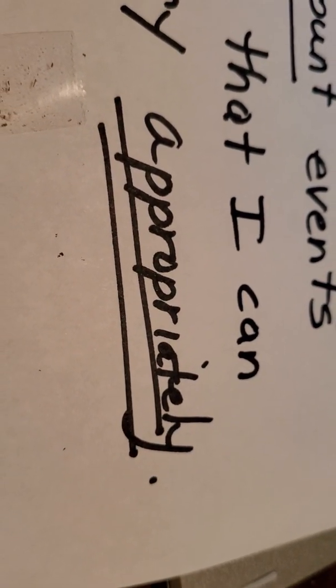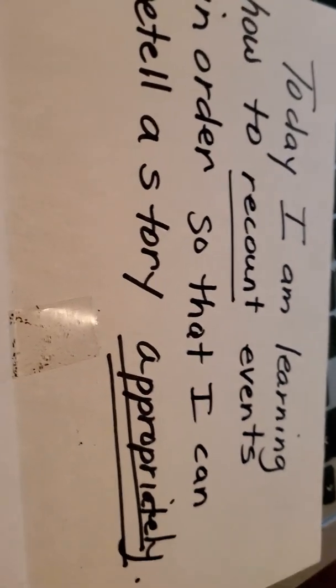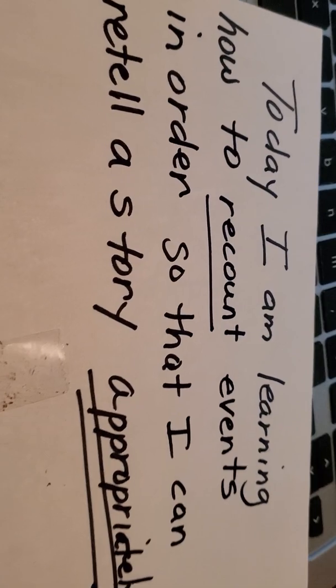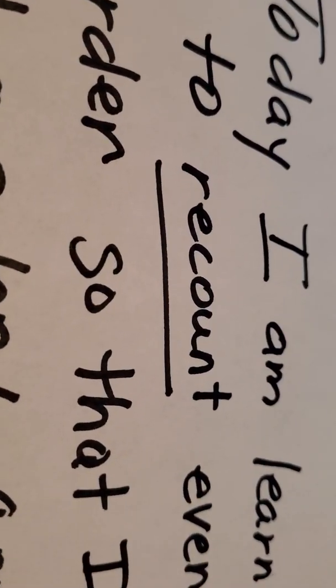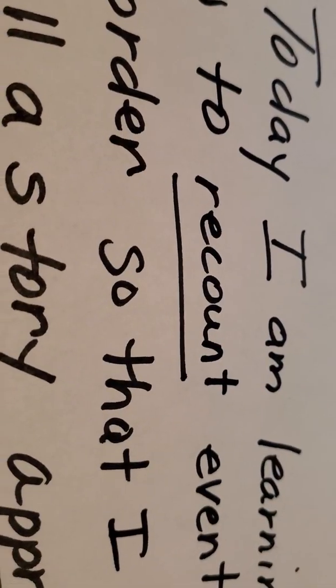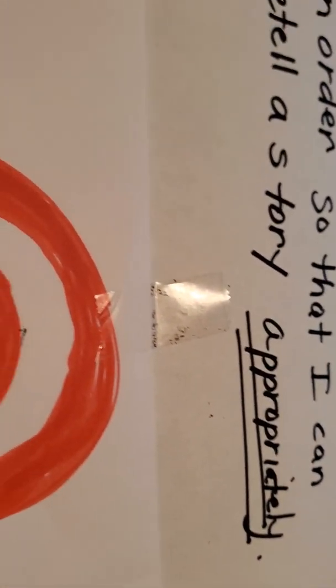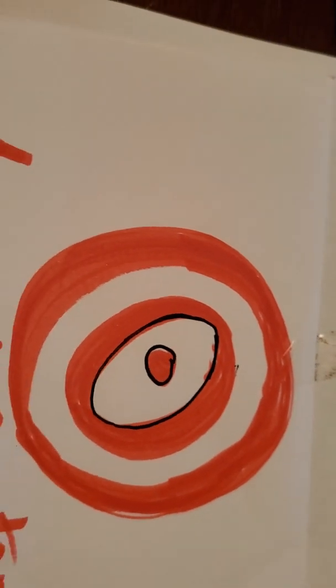That's a big word, appropriately. And what that means is you want to make sure you're doing it correct. You're doing it right. So when we recount, that means retell in order, sequentially, we want to make sure that it's done correctly, and the big word is called appropriately. So that is our target. So let's get to it.